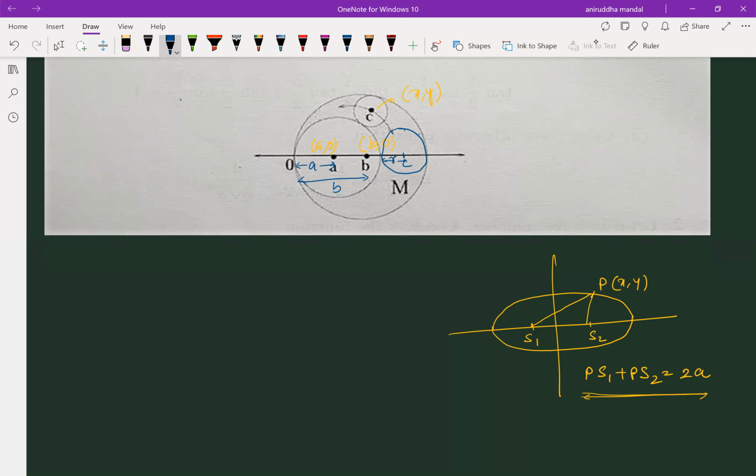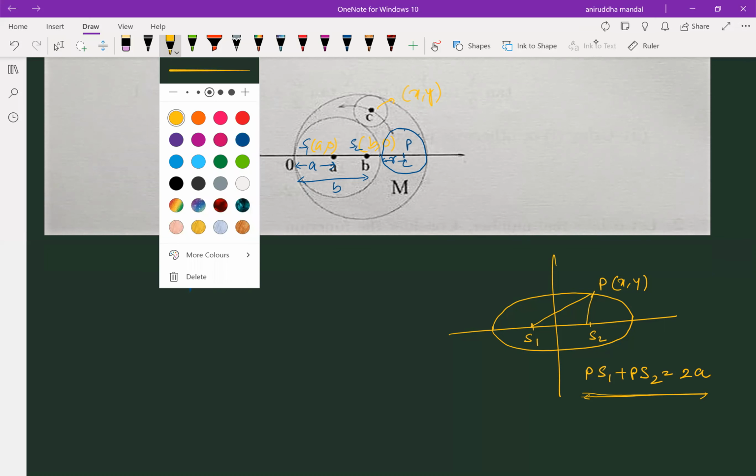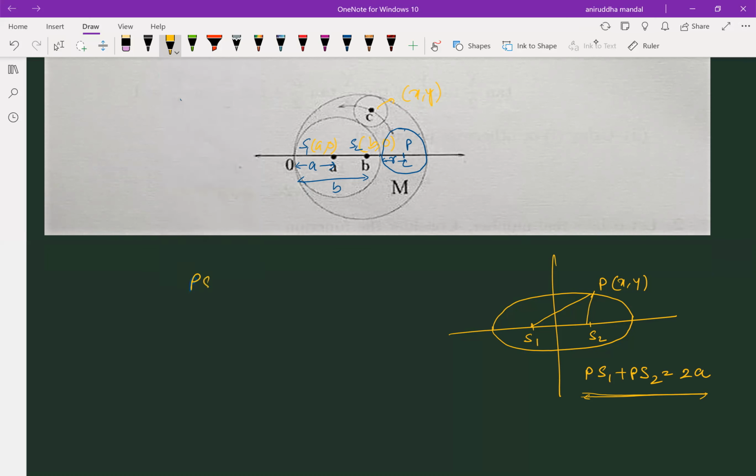Now let's check. This is point P, say this is point S1 and this is point S2. PS1 means the distance between the smaller circle and the variable circle. So this radius is A and this radius is R, so A plus R. Similarly, PS2 means the distance between the larger circle and the variable circle.